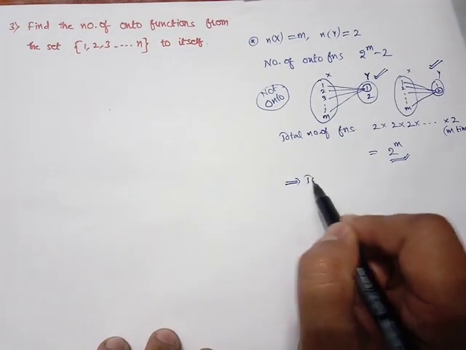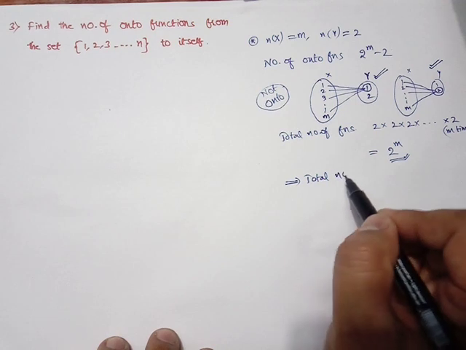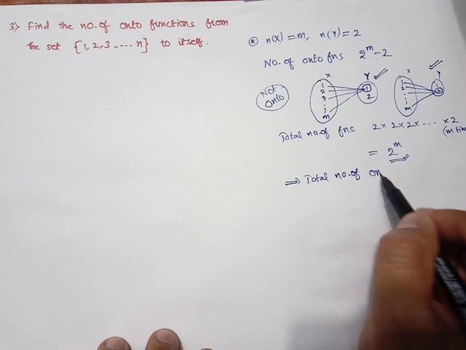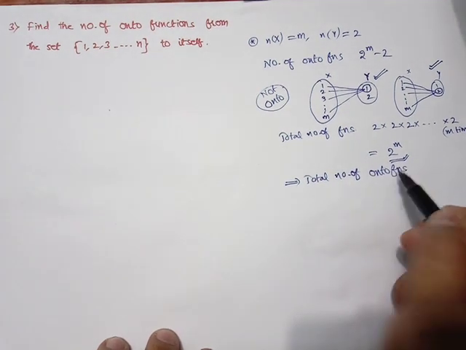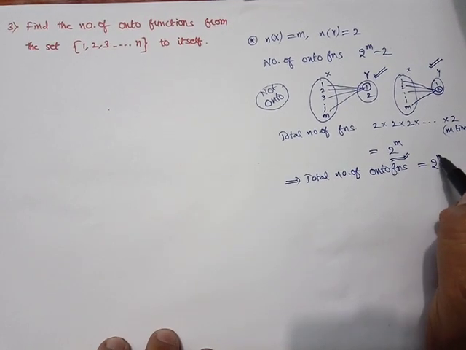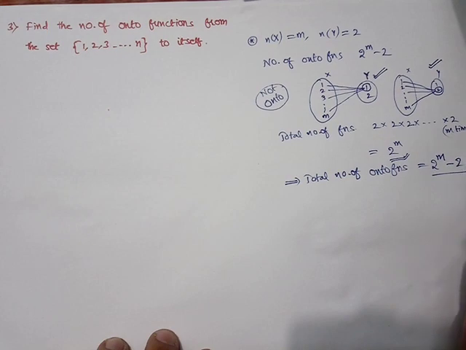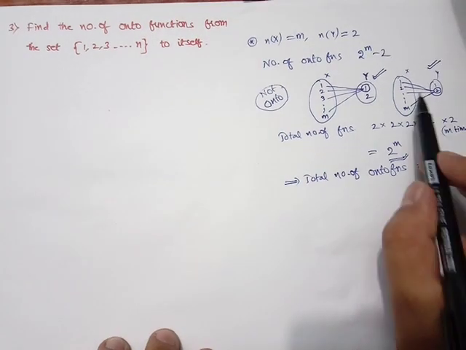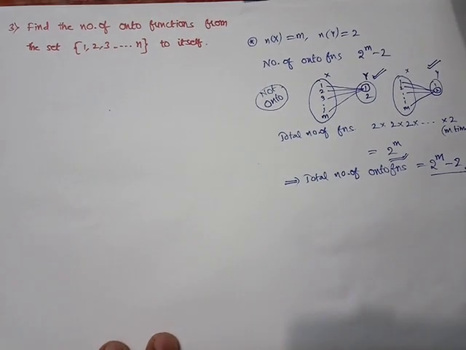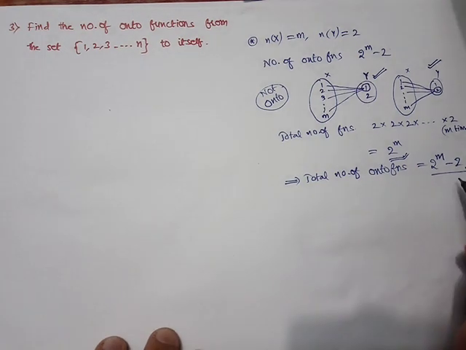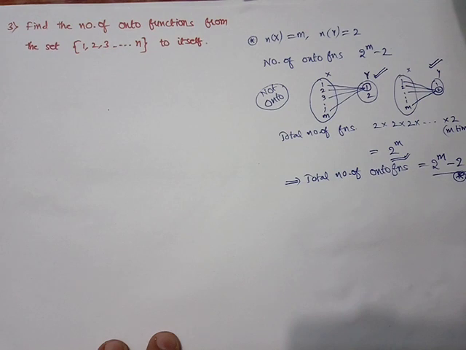So this implies the total number of onto functions is equal to the total number of functions minus these two different functions, then it will become 2 power m minus 2. So it is very important. The first set is containing m elements, the second set is containing 2 elements.